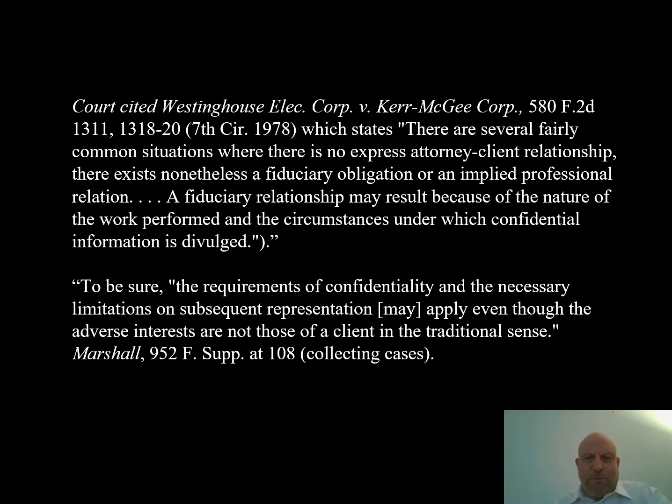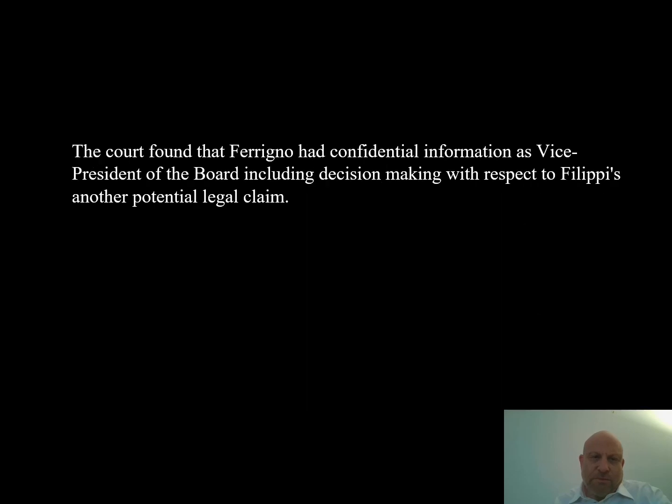Again, it doesn't have to be an express attorney-client relationship. It can be another kind of relationship that's somewhat similar, that requires confidentiality or entails confidentiality. So the court found that Ferrigno did have access to confidential information.